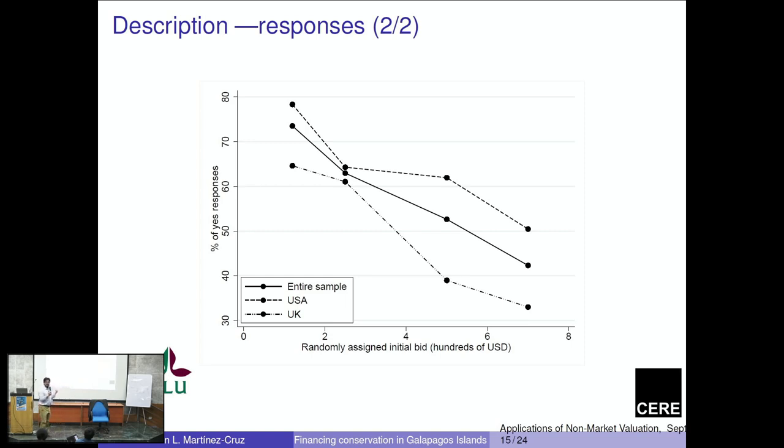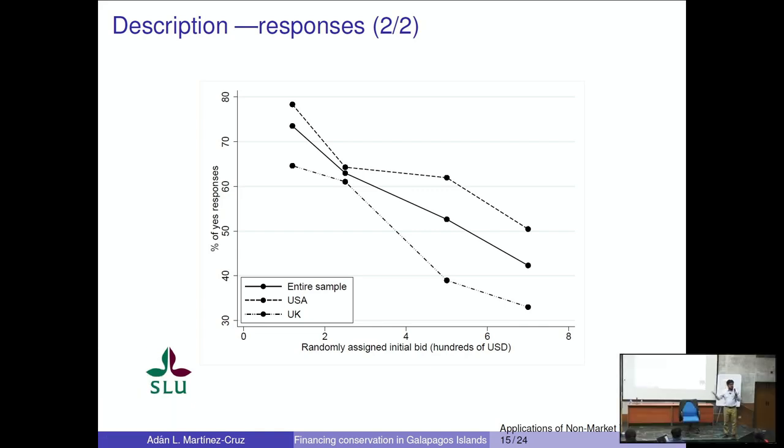I always show this because if I follow my own rule, I should have extended that value to at least 800, because I still have 42% of people saying yes to 700. My colleagues didn't let me do that because they said that I was too crazy. What happens is that the more you present these numbers, higher and higher, by design I am going to obtain a higher willingness to pay, because more people say yes to 800.